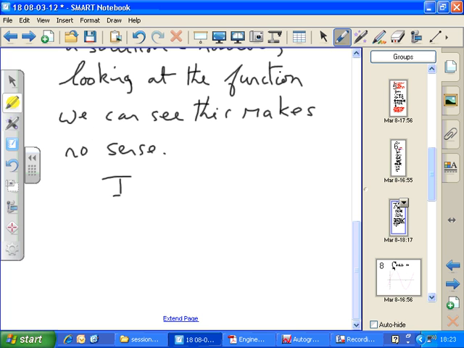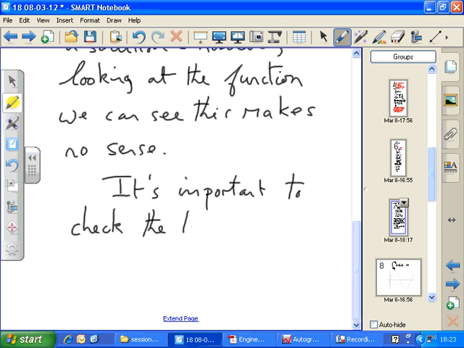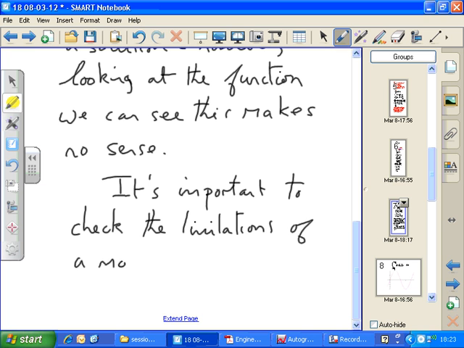It's important to check the limitations of a model by looking at the function.